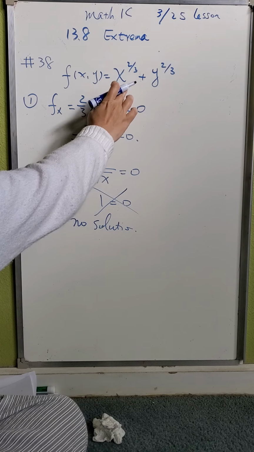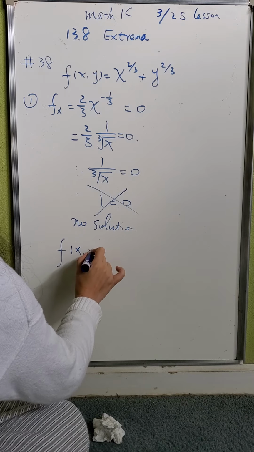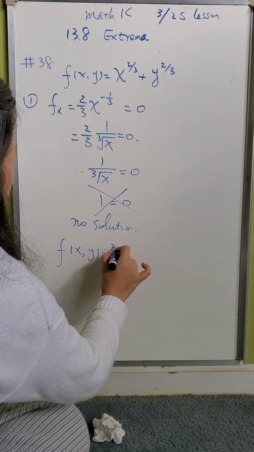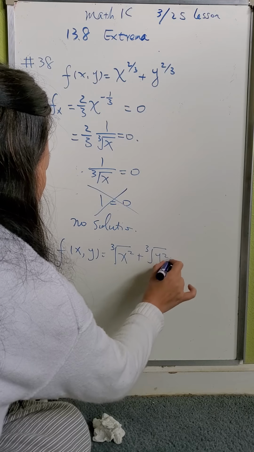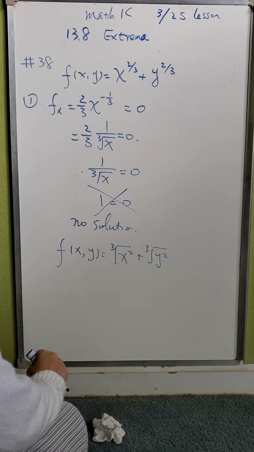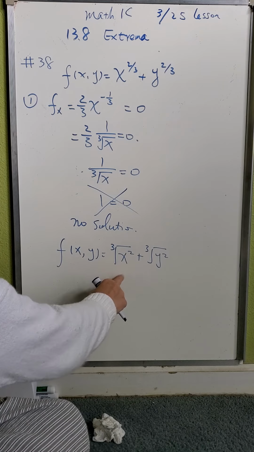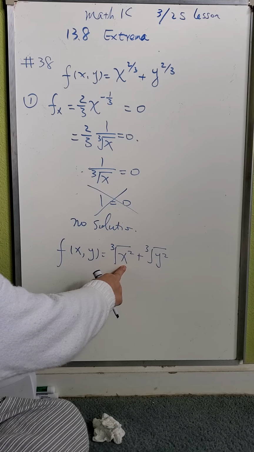I look at here. You can see that your x can be any number. The smallest number you can get will be what? 0.